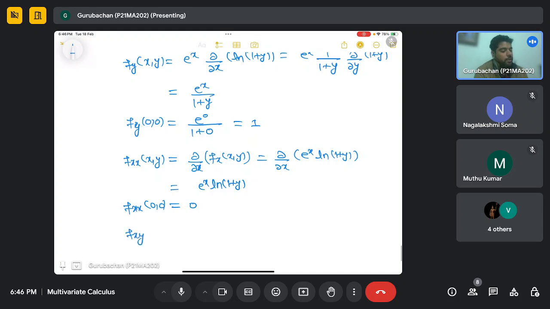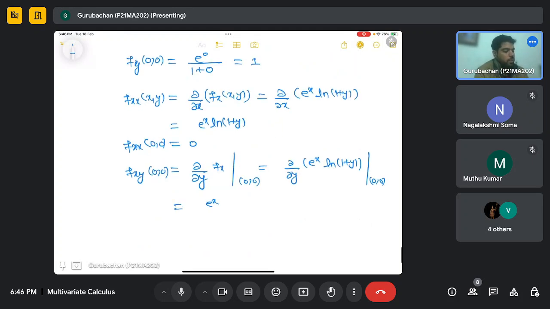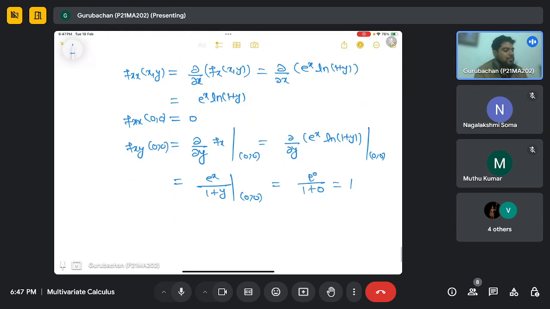Now fxy at (0,0), del by del y of fx at (0,0). So del by del y of e to the power x ln(1 plus y) at (0,0) will give you e to the power x divided by (1 plus y) at (0,0). This will be nothing but 1 by 1 plus 0, equal to 1.